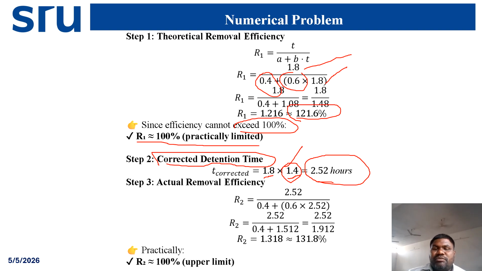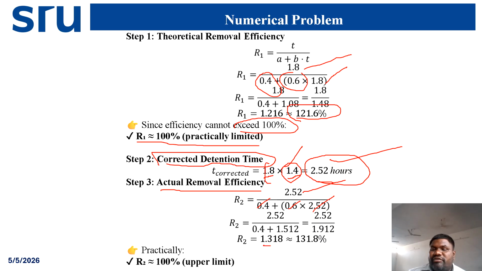So the next step is the actual removal efficiency we need to calculate after the correction of detention time. So the new time will be 2.52 instead of 1.8 hours. So 2.52 divided by A, B parameters, we know the same t value.